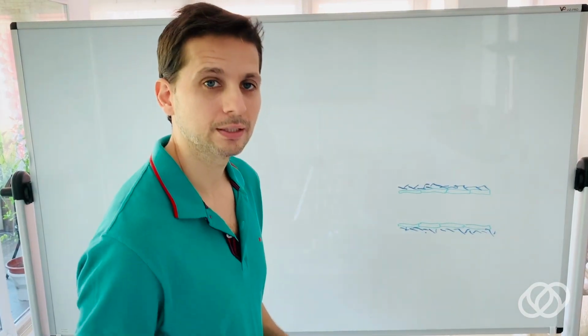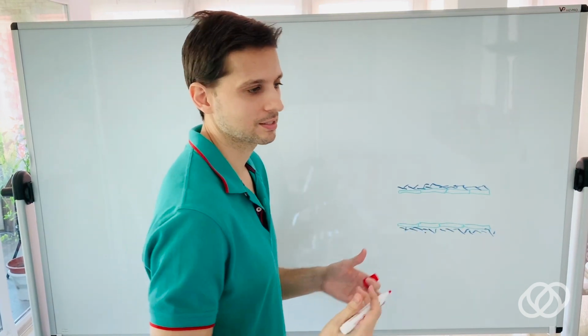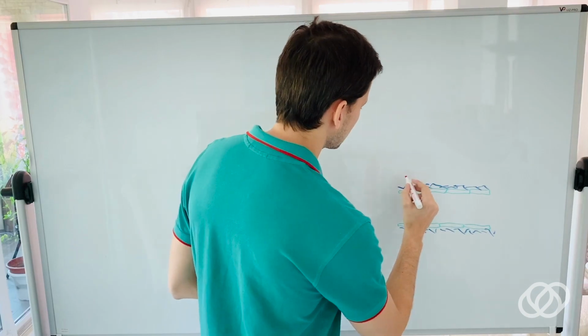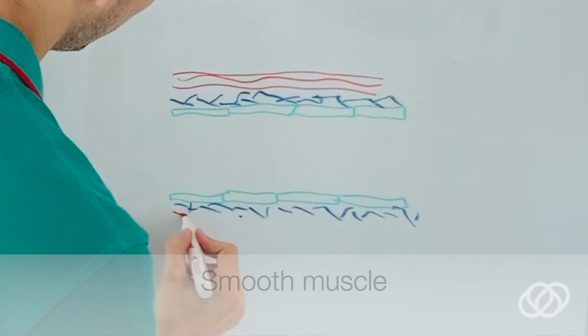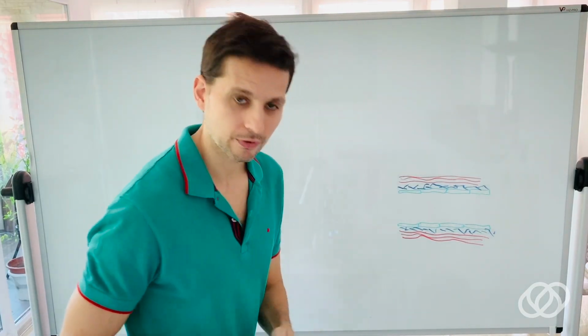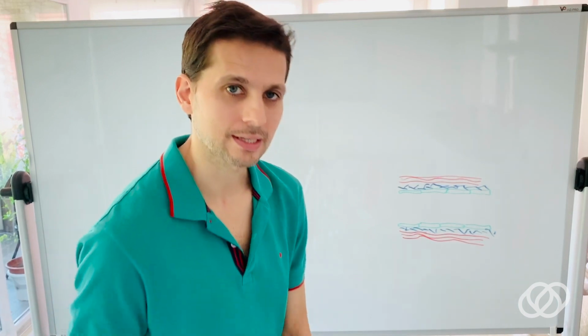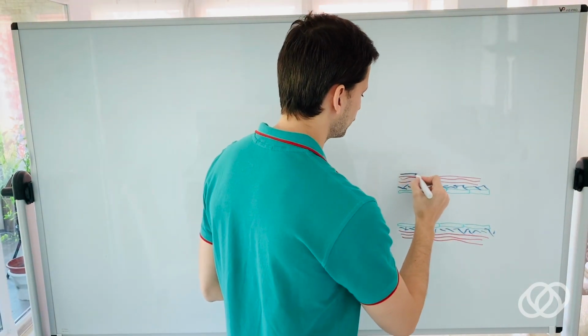Below we are going to find the medium layer, that is mainly smooth muscle cells. This is the smooth muscle. And then finally we are going to find the external layer, again with connective tissue.